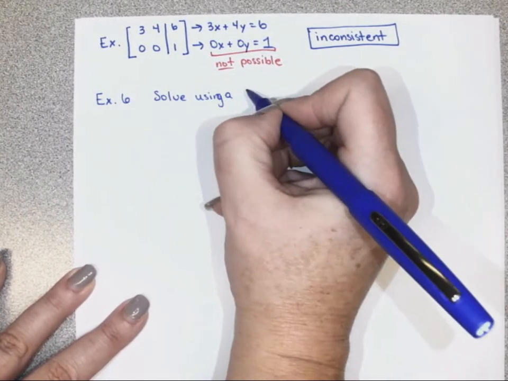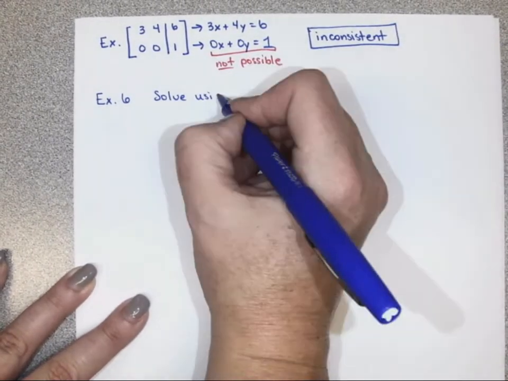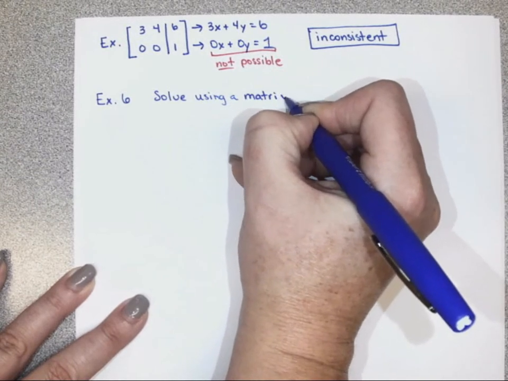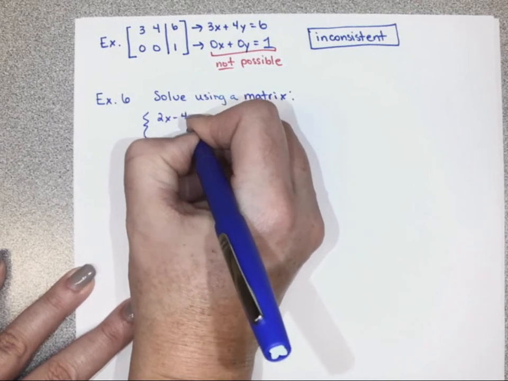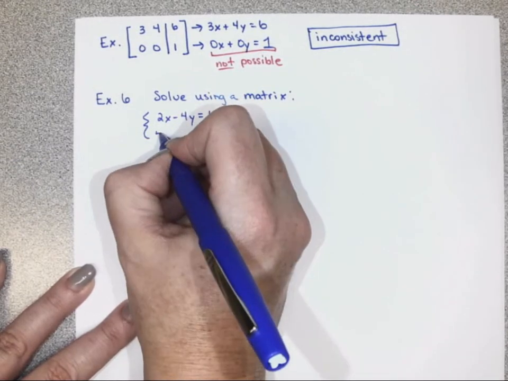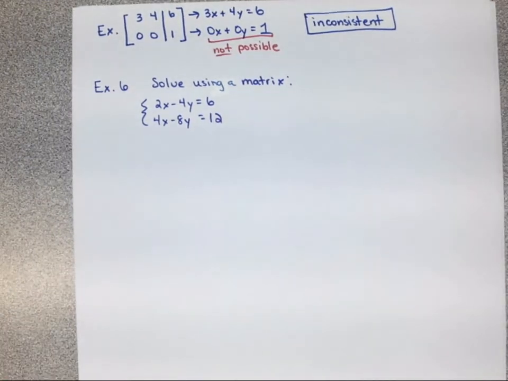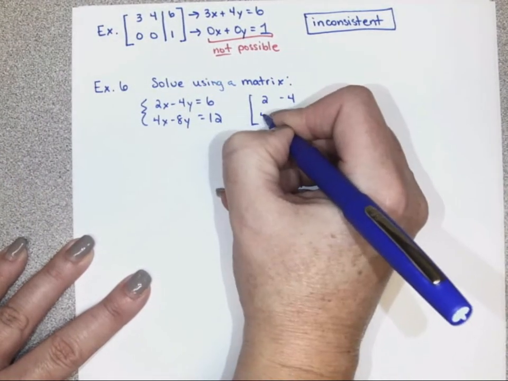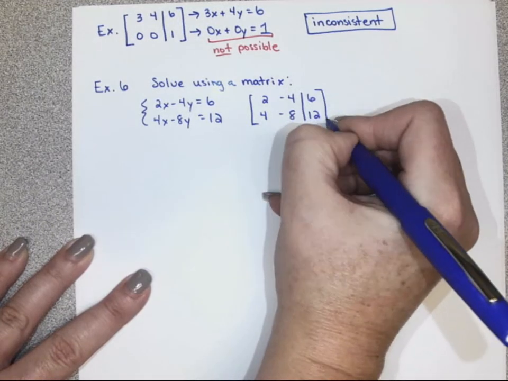So let's say I asked you to solve using a matrix: 2x minus 4y equals 6, and 4x minus 8y equals 12. The first thing you're going to do is write it as a matrix. So 2, negative 4, 4, negative 8, and then after the bar is going to be 6 and 12.